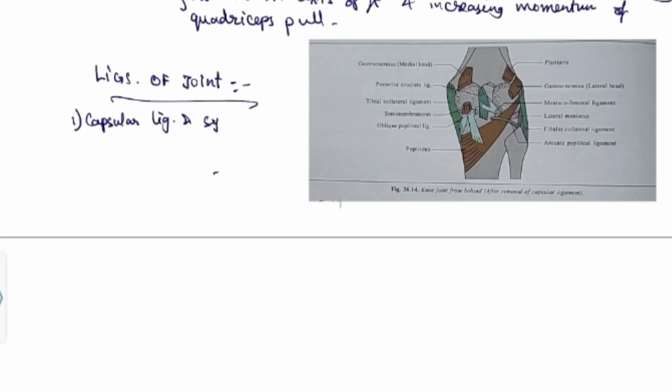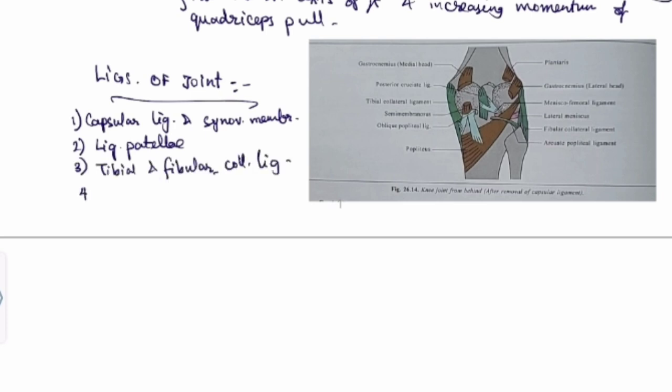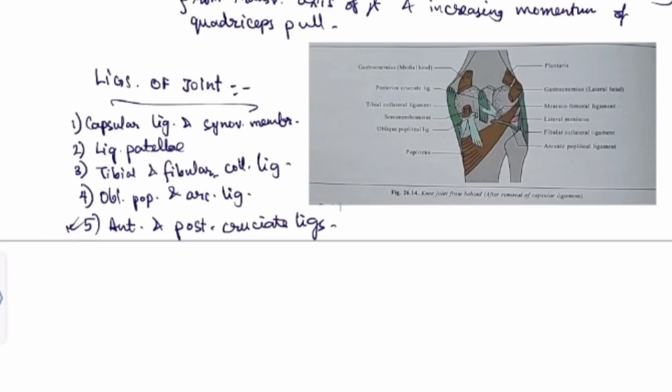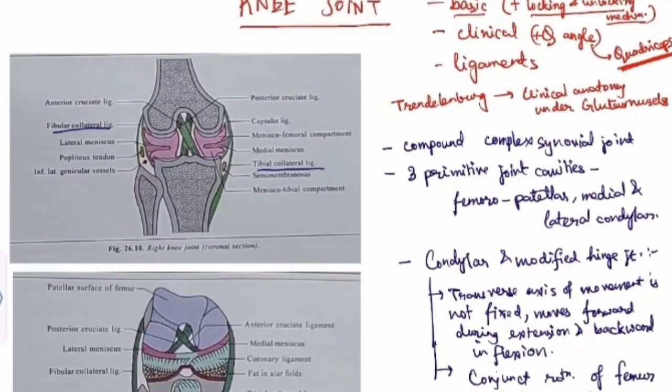Capsular ligament and synovial membrane, ligamentum patelli, tibial and fibular collateral ligament, oblique popliteal and arcuate ligament, anterior and posterior cruciate ligaments. Very important, we'll discuss about it separately. Let's see if I can have a photo of the cruciate ligaments.